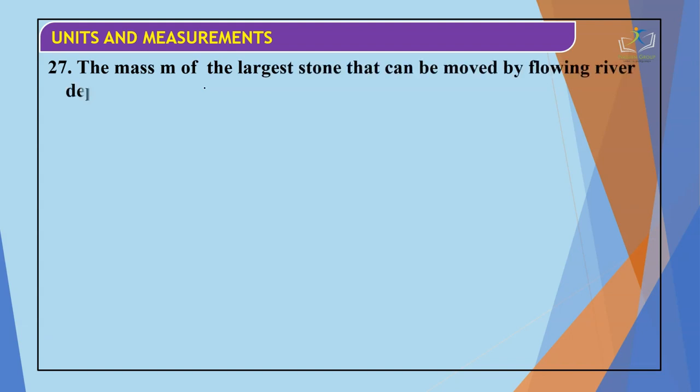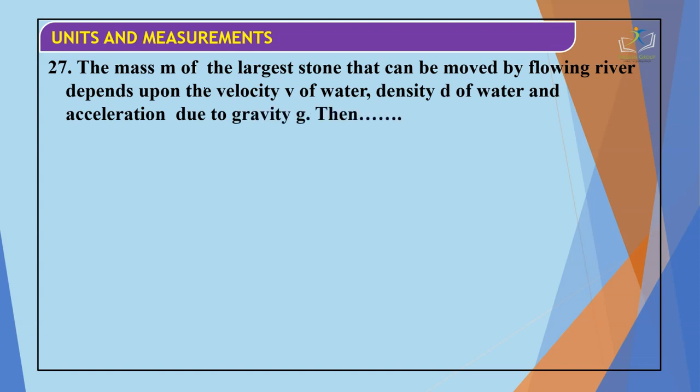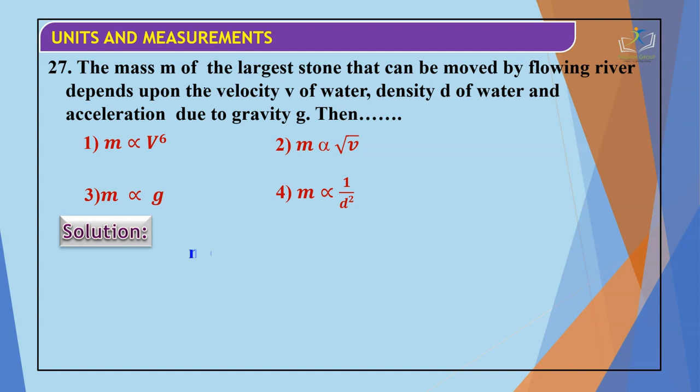Next question which I have: the mass small m of the largest stone that can be moved by a flowing river depends upon the velocity v of the water, density d of the water, and acceleration due to gravity small g. Then m is directly proportional to v to the power 6, or these kinds of options we have been given: m proportional to under root v, m proportional to g, and m proportional to 1 by d square. Let's move with the solution part.